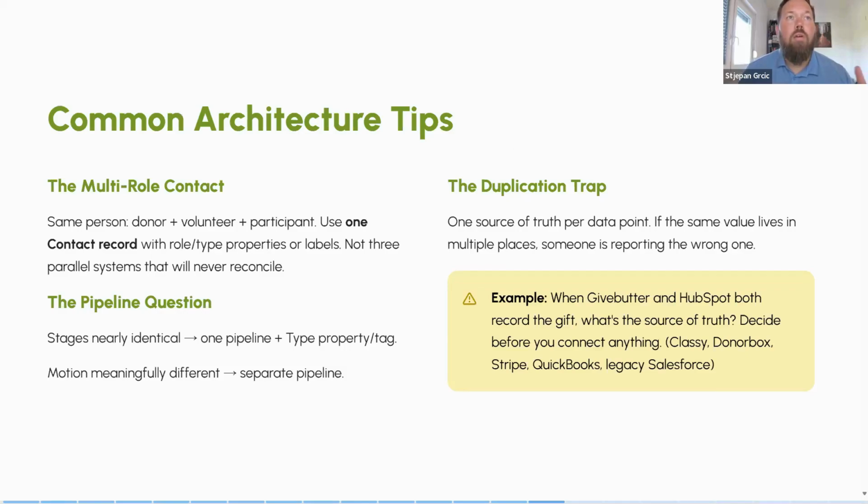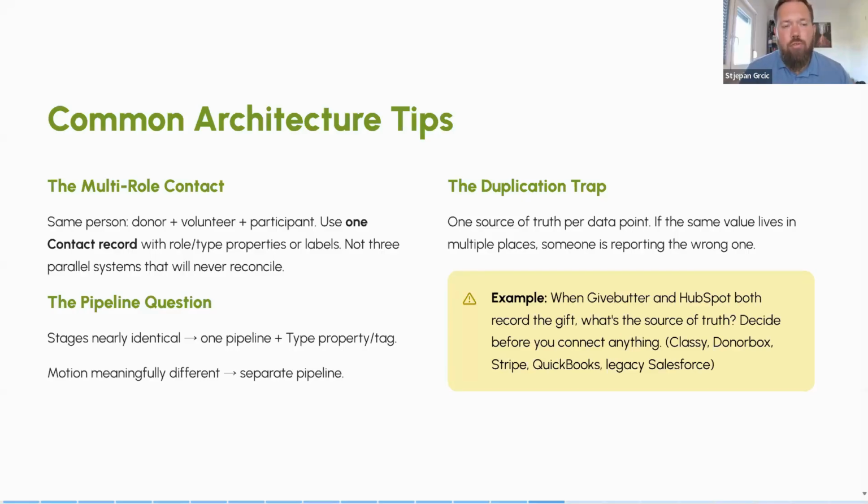Then there's the pipeline question. When do you make a new pipeline versus reuse the one that you have? There's a simple test. If the stages are nearly identical, the process takes the same amount of time, and similar people are involved, you use one pipeline and a type property or tag to distinguish them.